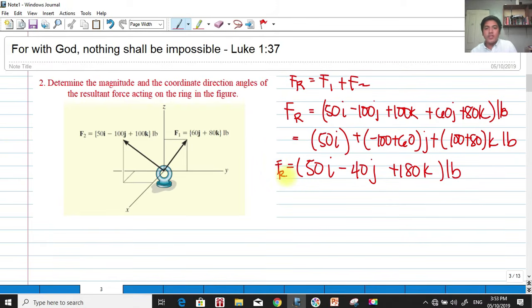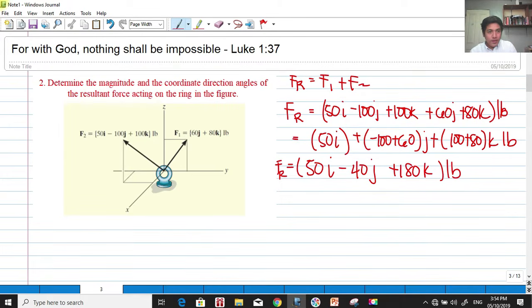As you can see, if it is in terms of Cartesian vectors, it's very easy to get the resultant because you need not get any angle and perform the component method. So this is our resultant force in Cartesian vector form.